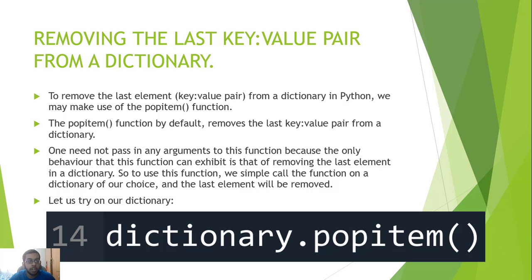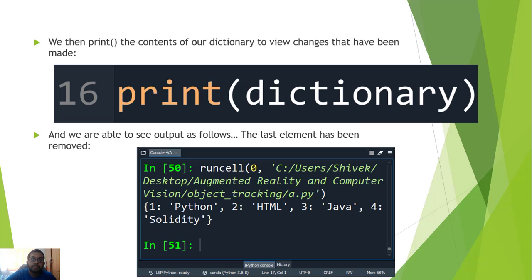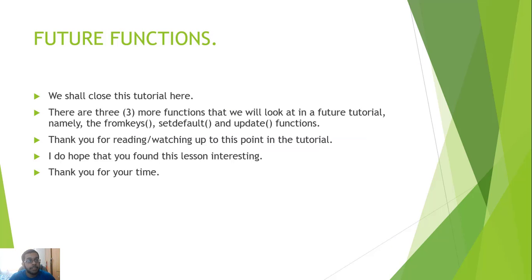Let us try on our dictionary. dictionary.popitem. We then print the contents of our dictionary to view changes that have been made. Print dictionary, and we are able to see output as follows. The last element has been removed. 1 Python, 2 HTML, 3 Java, 4 Solidity.